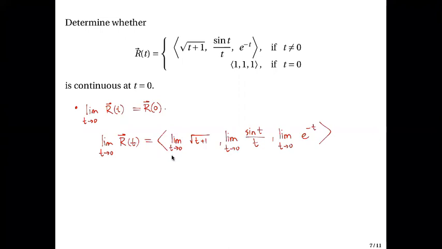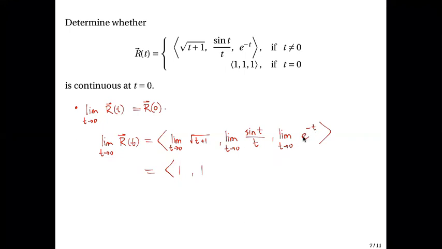And then, as t goes to 0, this is just square root of 0 plus 1, and it is well defined, and the limit is simply 1. And then in here, we recall a theorem from your Cal 1. So the limit of sine t over t as t goes to 0, it's also 1. And then in here, you have e to the minus t.